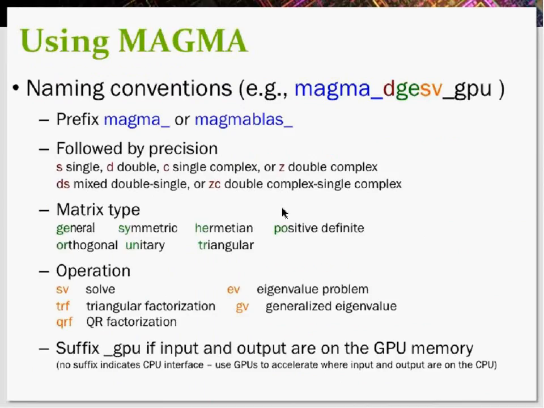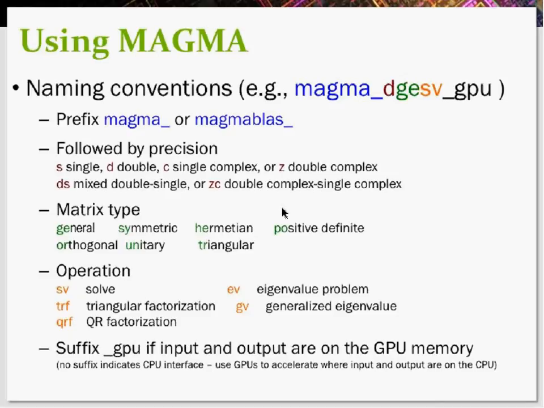This is the Magma convention about names. Say you have to solve a linear system, for example, and you don't know how it's called. Usually, we would put a prefix at the beginning, magma_ or magma plus underscore, and then it's followed by the precision.